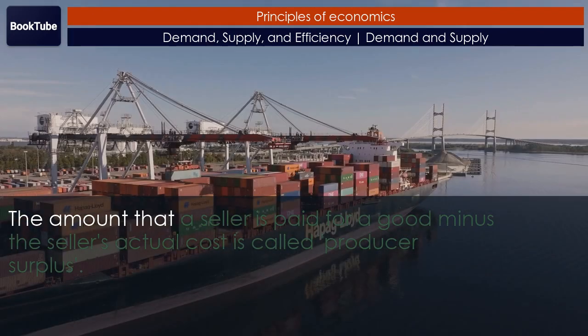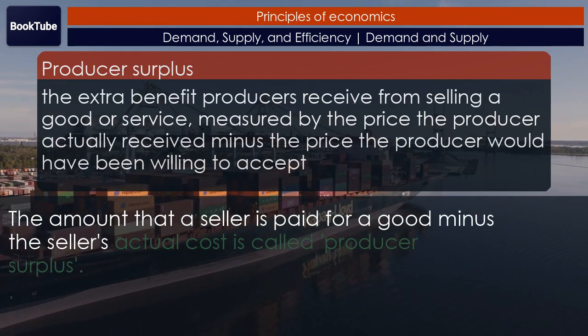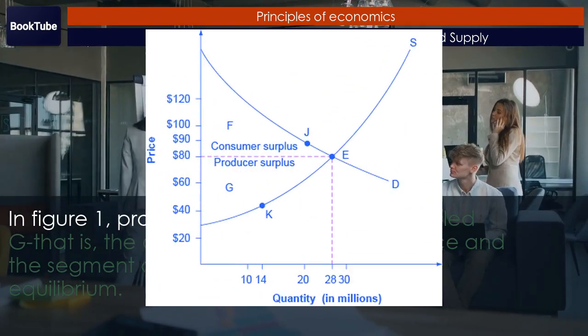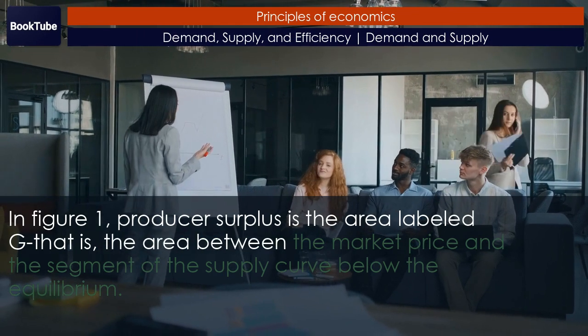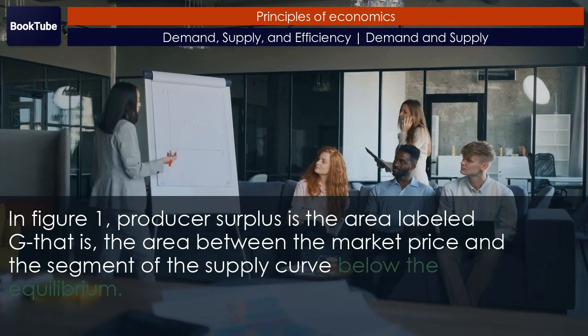The amount that a seller is paid for a good minus the seller's actual cost is called producer surplus. In Figure 1, producer surplus is the area labeled G, that is, the area between the market price and the segment of the supply curve below the equilibrium.